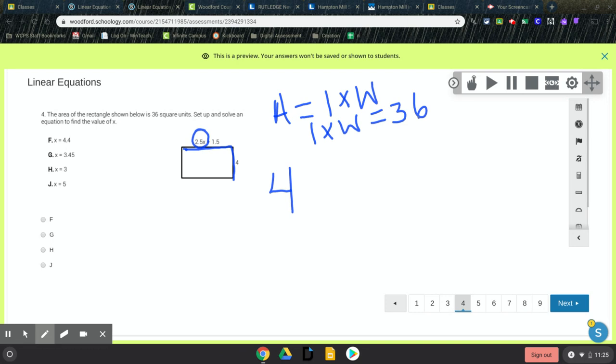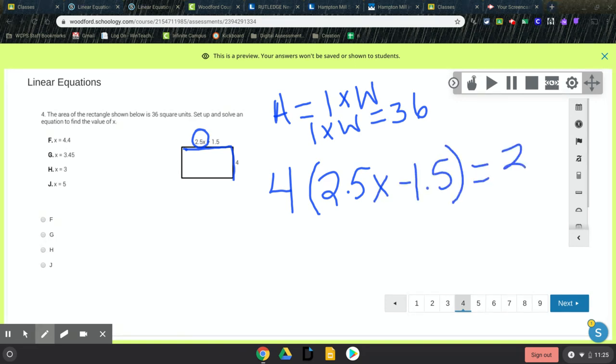So I can take the two expressions I have, 4 times 2.5x plus 1.5, and set it equal to 36. Oops, that's a plus. Sorry. Make sure you made that a plus. Couldn't see it. So this could be my length, this is my width, and this is my area.